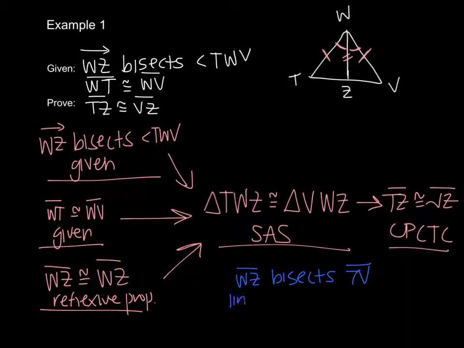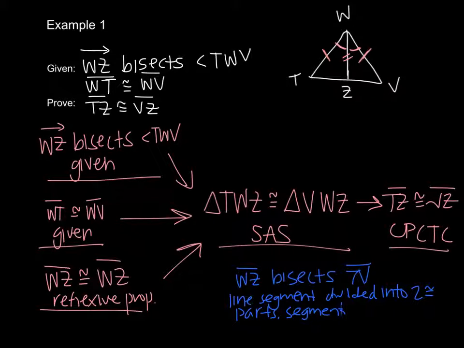So line segment divided into two congruent parts. Segment is bisected. Okay? So that would be a direct consequence of CPCTC.